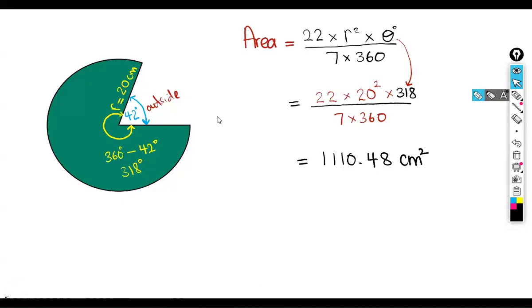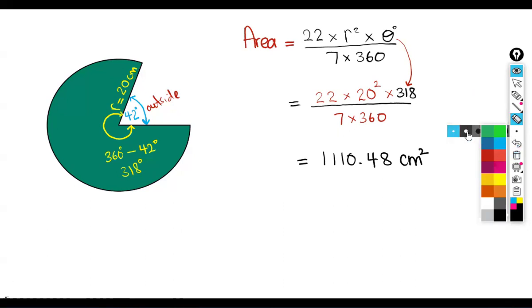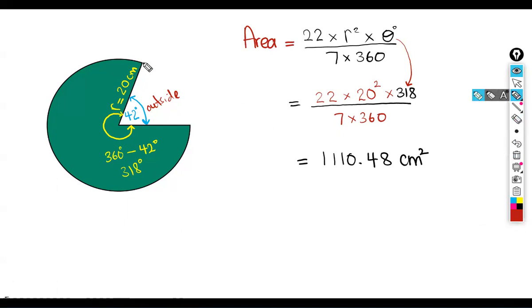So we're going to adjust this question to find the perimeter. Now, to find the perimeter, if the examiner were to ask you that, what you will need to do is find the length of the curved part. Let me get a different color here, red. You will need to find the length of the curved part. Now, the curved part, as I mentioned, is called your arc.